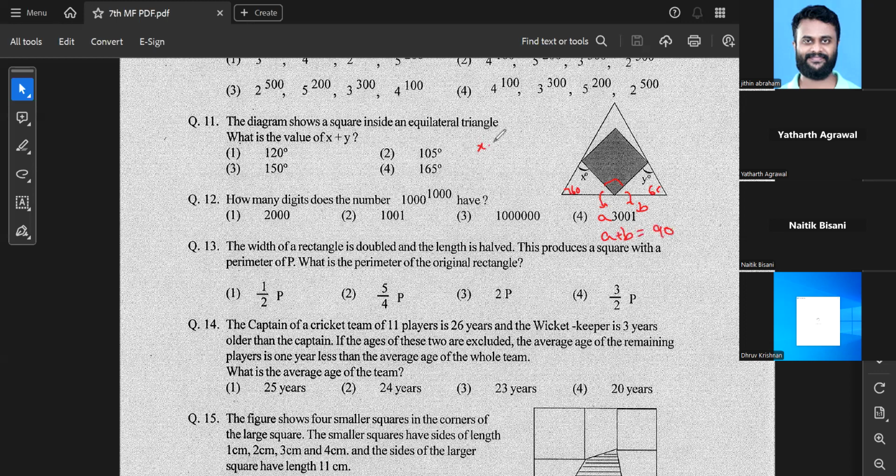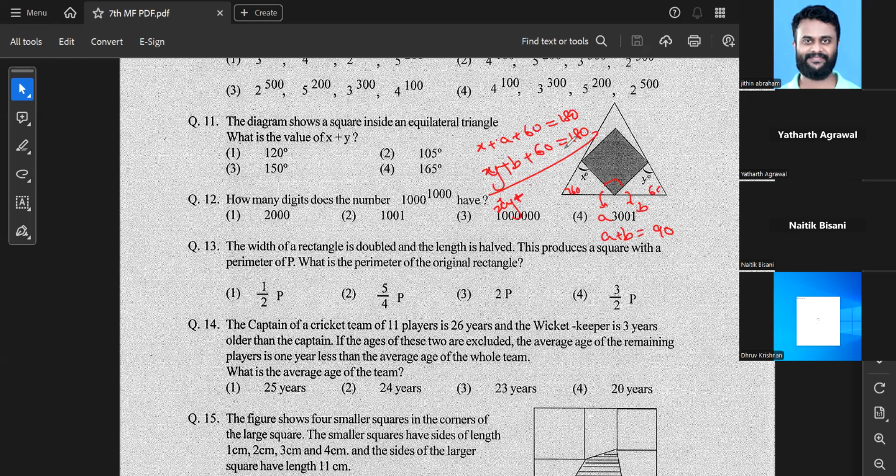On one hand you have x plus a plus 60 as 180. On the other hand you have y plus b plus 60 as 180.